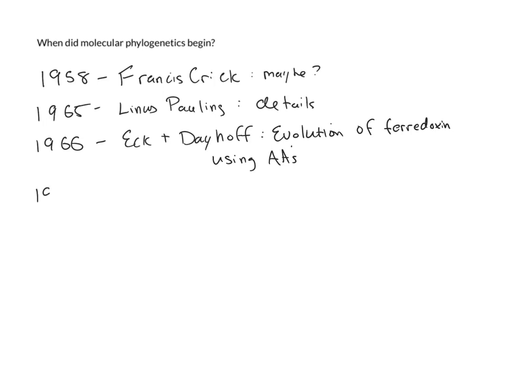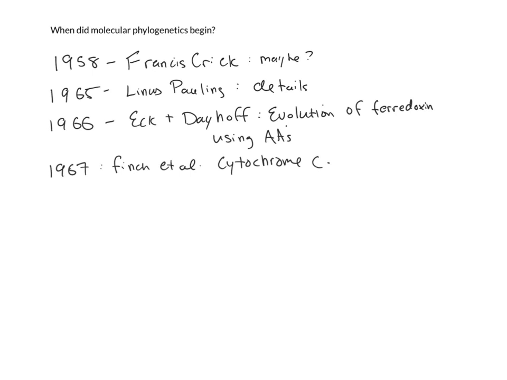And there was another big paper in '67 from Finch et al. That did a similar thing for cytochrome C. And so far, this is all amino acid level molecular phylogenetics. And a lot of that was because there was a lot of skepticism still and misunderstanding, I think, about DNA and its importance in evolution.